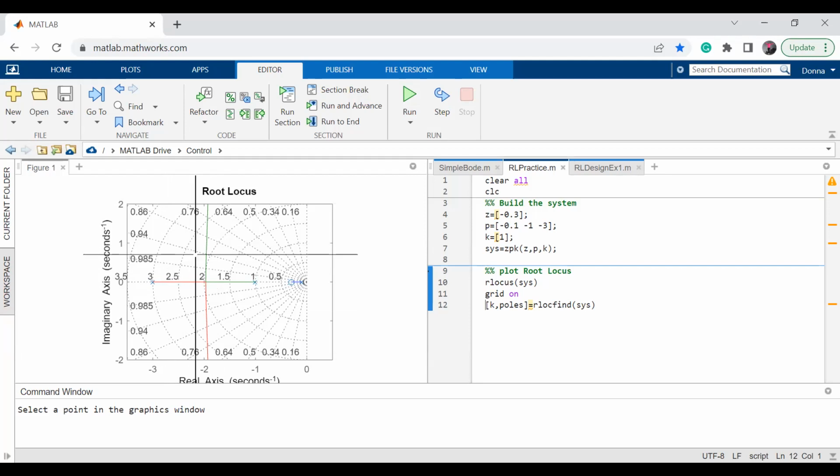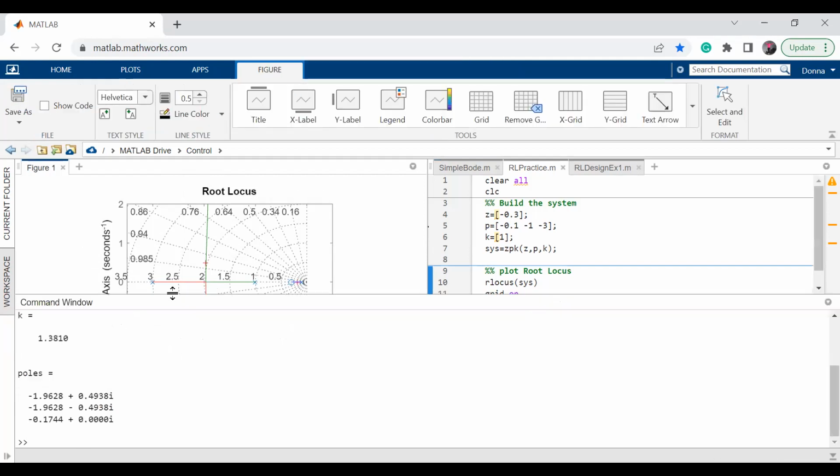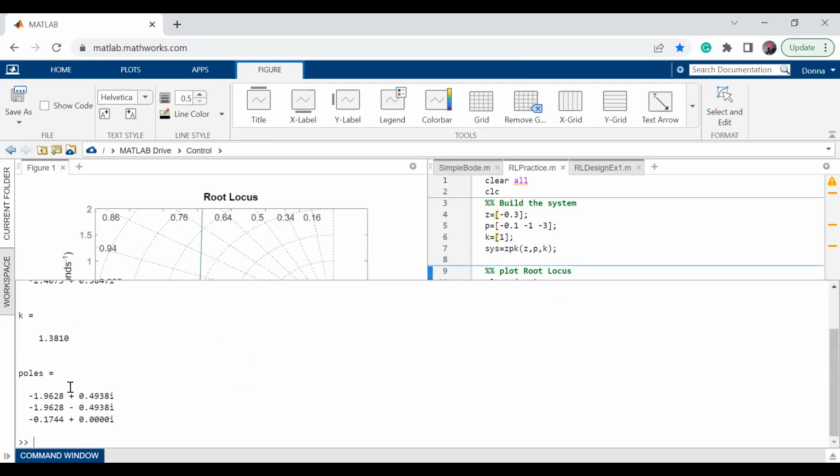If I want my system to have a pole, let's say here, if I click, in the command line you will see that it tells me the poles that I chose. Because I clicked inside, away from the real axis, those are going to be conjugates, right? I didn't pick a real axis.